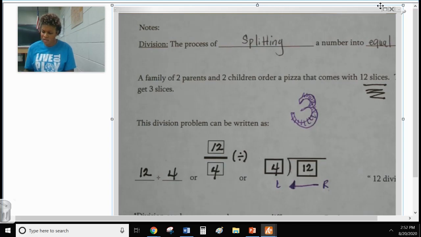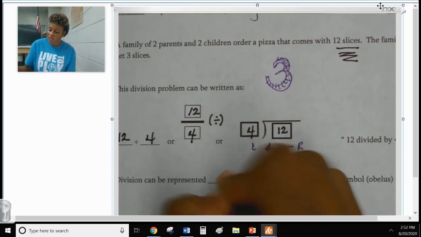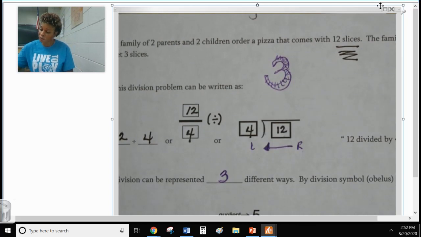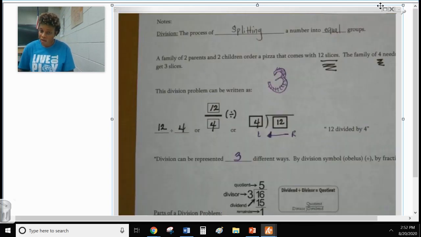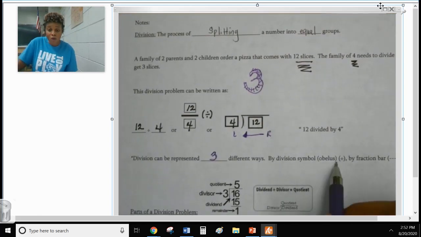And what are those things called? So again, there are 3 ways. Division can be represented 3 different ways. By a division symbol. The symbol is called an obelus. Say it with me. Obelus.